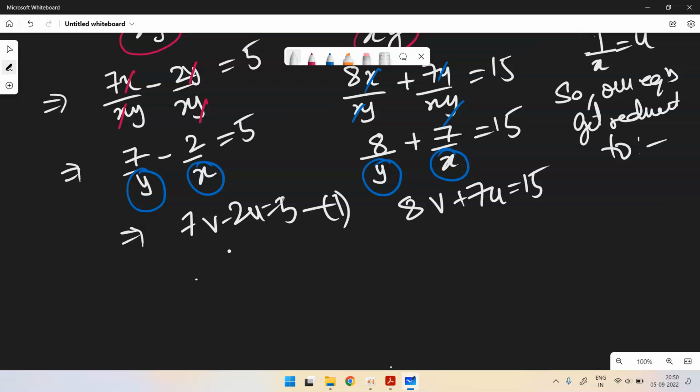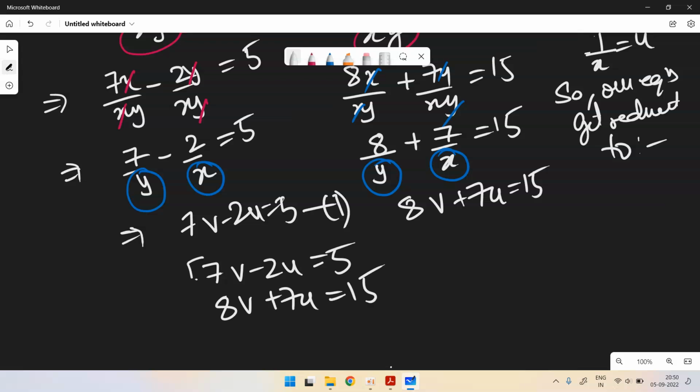This you can write as 7v minus 2u equal to 5 and 8v plus 7u equal to 15. Now from here, if you take the LCM of 2 and 7, it is 14, so you need to multiply the first equation by 7 and the second equation by 2.